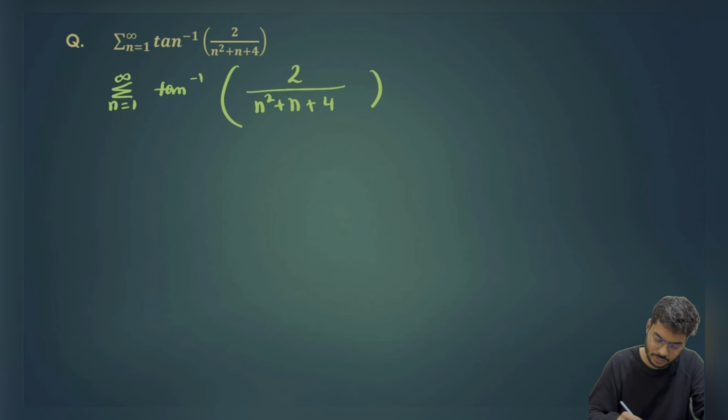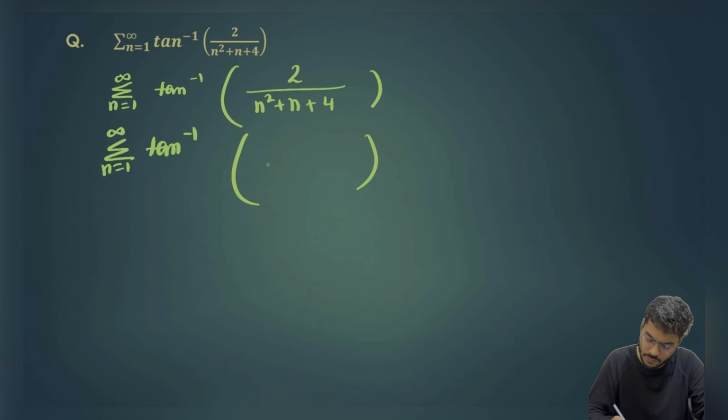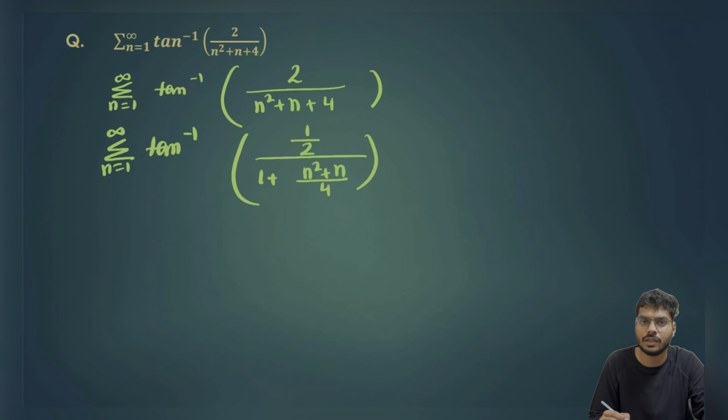So we have to use something so that we are able to convert. What I will do, to make it 1, I will divide by 4. If I divide by 4, what is the answer I will get? 1 plus (n square plus n) divided by 4. The numerator will be 1 by 2, since 2 divided by 4 is nothing but 1 by 2.